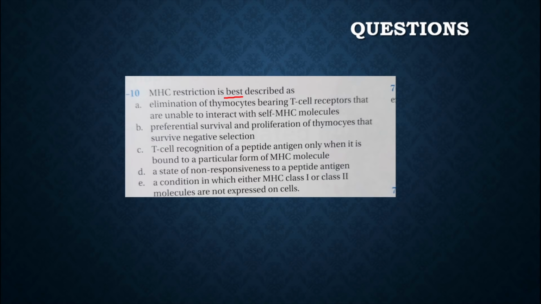Anybody want to propose an answer? Why would you propose C? Because in order for T cells to recognize an antigen, the antigen has to be on an MHC molecule. Right. So this is, again, as I tried to iterate through the review, that T cells require a peptide and require that peptide to be bound to MHC. So when you say MHC restriction, it means that they only will interact with a peptide that's bound to an MHC molecule, which would be C.